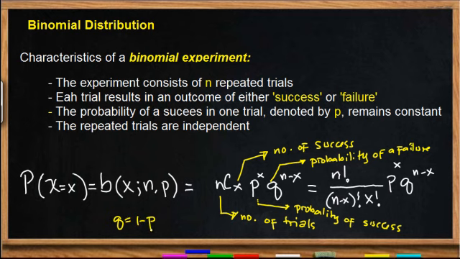Ang p, probability nga mo-success ang imong isa ka event, ang q is dili mo-success. So for example, ang probability nga success kay 1/6. Therefore, ang probability nga failure is 1 minus 1/6 is 5/6. Opposite lang siya sa probability nga mo-success ang isa ka event.